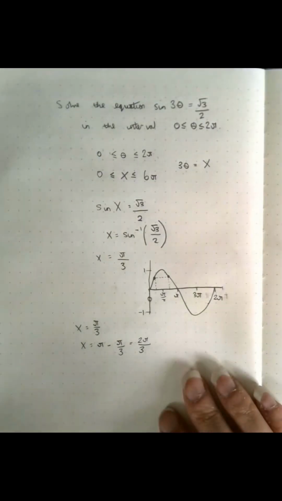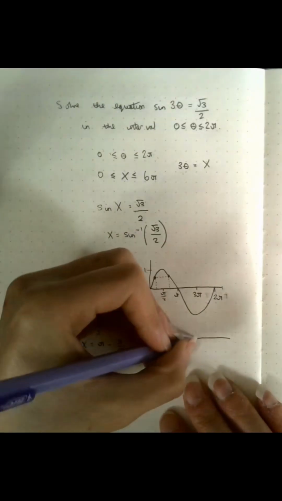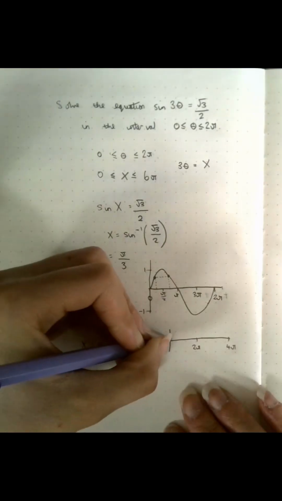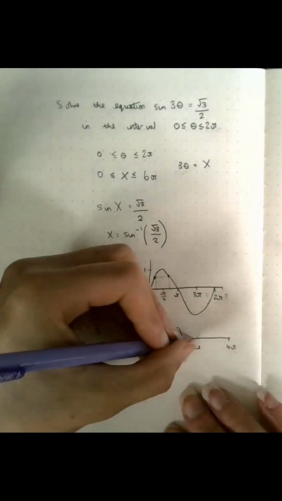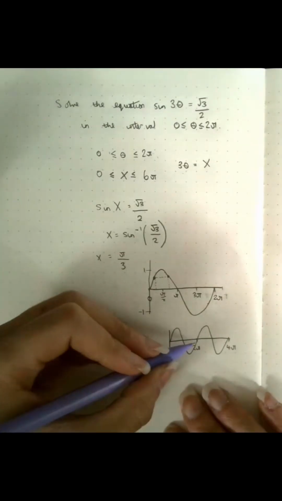If I was to carry that graph on, it would look something like this. So if I do 2 pi and then 4 pi, I'd have one wave, and then it's just going to repeat itself like so.